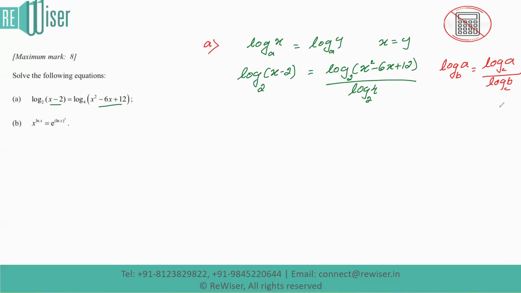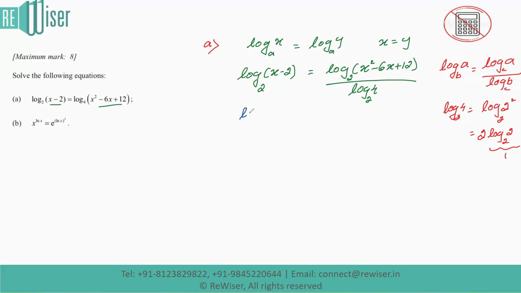Now the value of log of 4 to the base 2 can also be written as log of 2 square to the base 2, and this 2 can come in front of the log, so it's going to be 2 times log of 2 to the base 2, and log of 2 to the base 2 is just 1, so the result of this is just going to be 2.